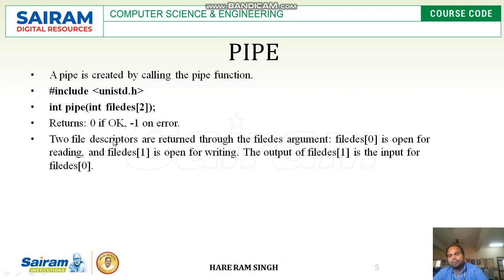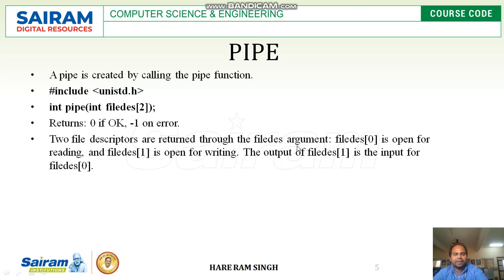Now, how do we create a pipe? A pipe is created by calling the pipe function, for example int pipe(int fd[2]), which is present in unistd.h. This function returns 0 if OK and -1 on error.